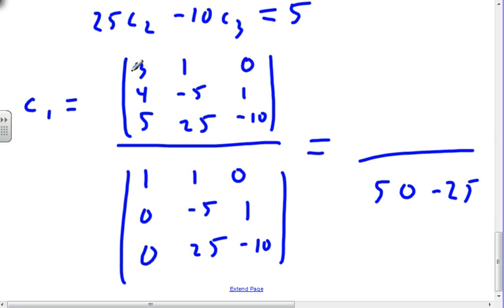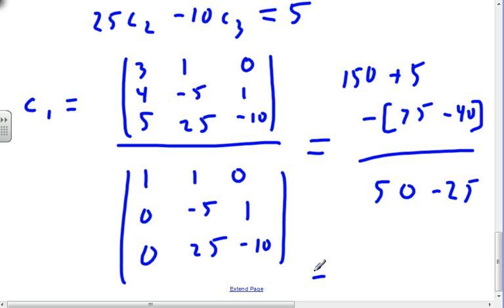On the top I have 150 plus 5 plus 0 minus 0, minus 75, and minus 40. So it looks like C1 is going to be something over 25.